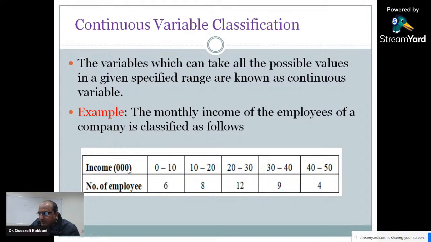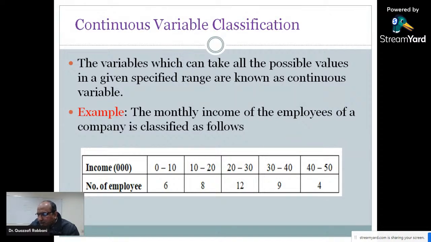Income is given in ranges: 0 to 10,000, 10 to 20, 20 to 30. So the entire income is divided into different classes, and the number of employees corresponding: six employees have income between 0 and 10,000, eight employees have income 10 to 20, and 12 employees have income between 20 and 30,000, and so on.